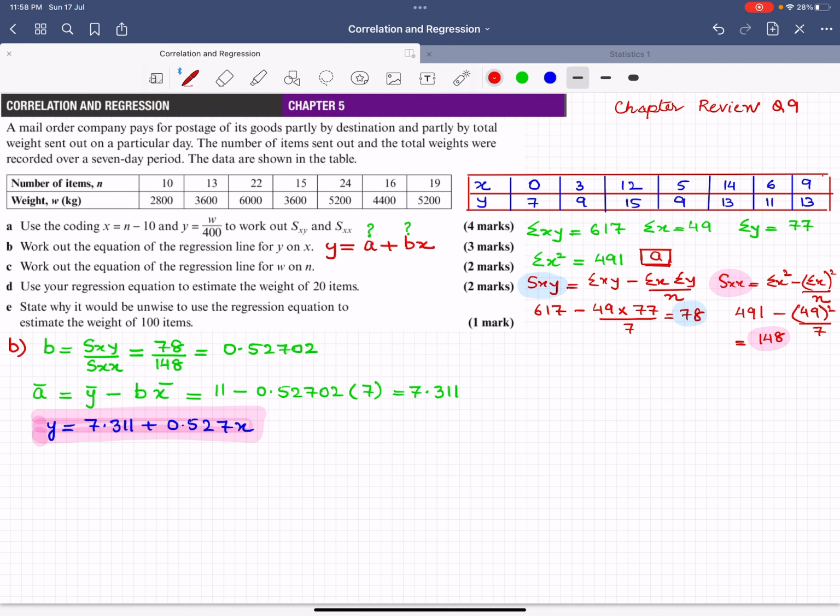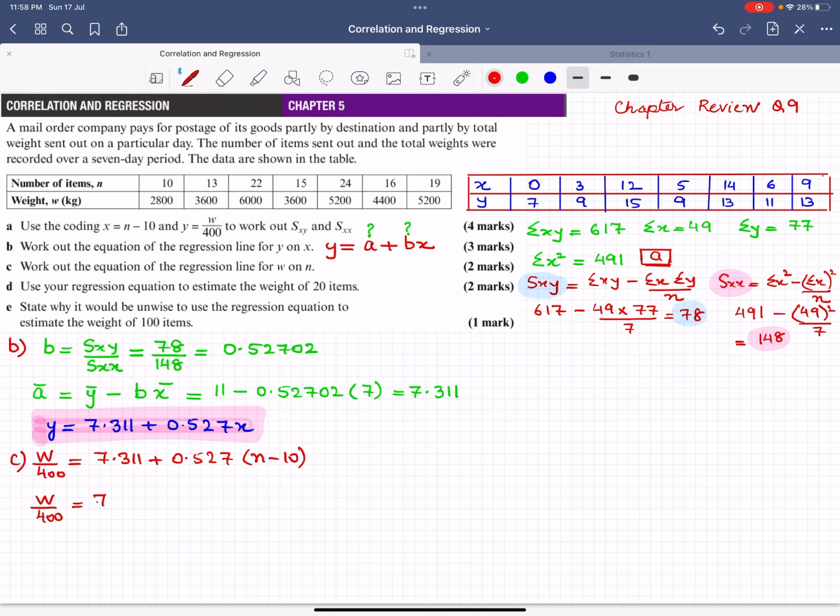So we are moving to part C. We have already got the equation of regression line. Y will be substituted by w over 400. So we have w over 400 is equal to 7.311 plus 0.527, and x will be substituted by n minus 10. So we will leave the w over 400 for now here.